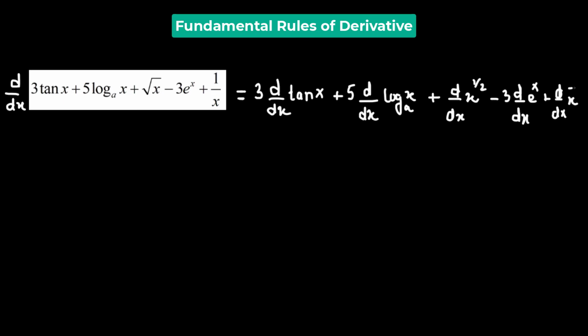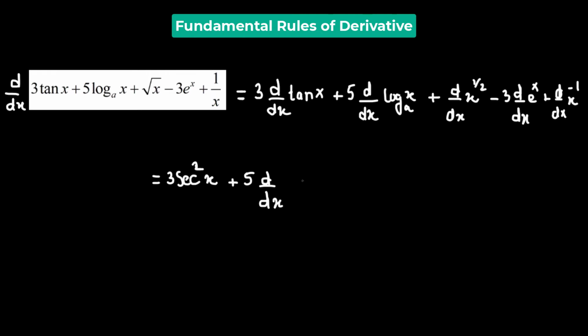plus d over dx of x raised to the power of negative 1, which will be equal to 3 times the derivative of the tangent function, which is secant squared x, plus 5. Now what we have to do is first convert our log of x to the natural base. So we need to change the base.